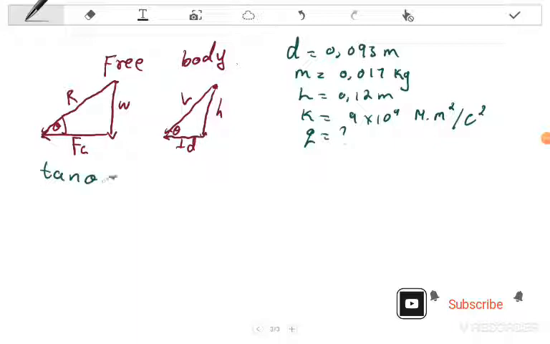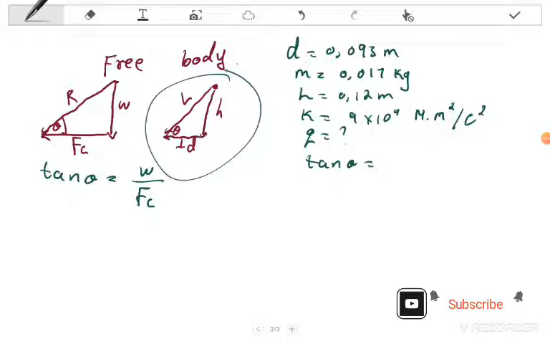Tan theta is opposite over adjacent. Our opposite side is W, our adjacent side is Fc. We can also take tan theta from the other sketch: tan theta is equal to h over one half D.